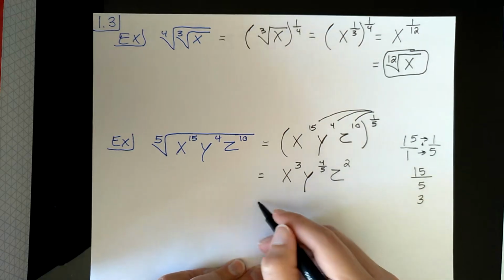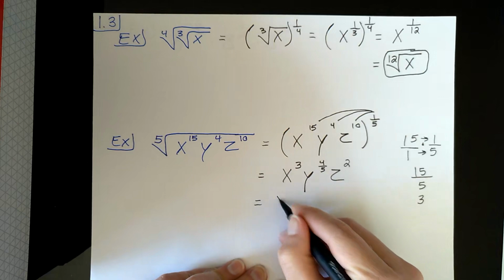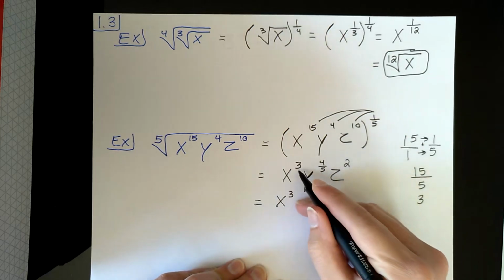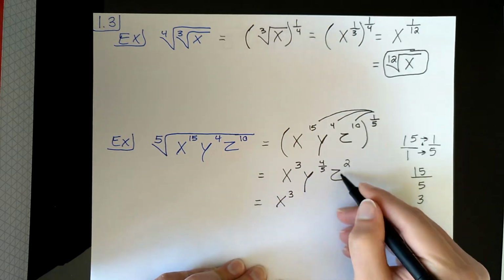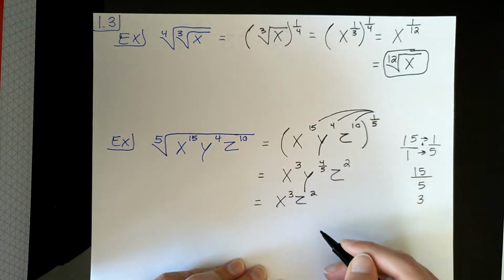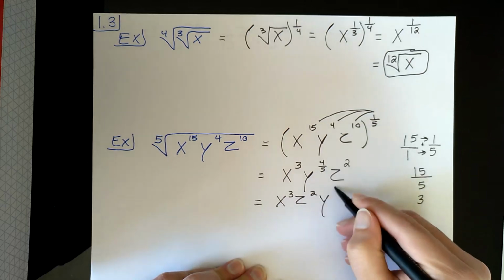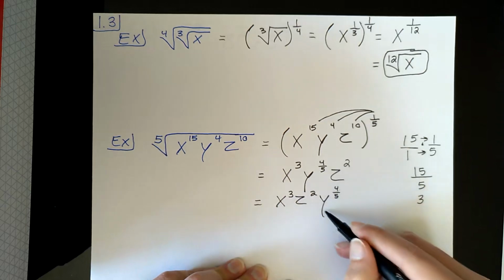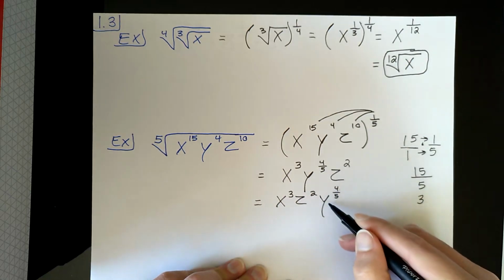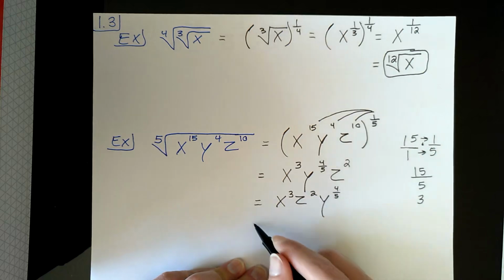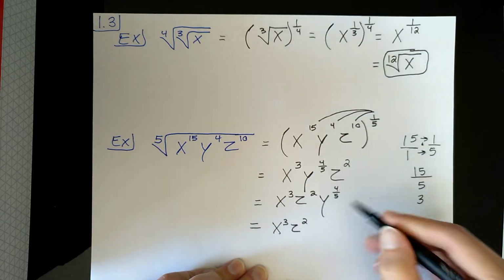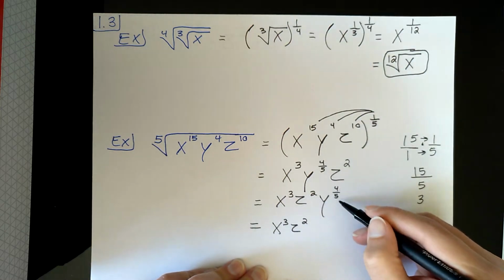So I'm going to rewrite this first, just to make it look a little nicer, by rewriting the non-rational exponents in front. So x cubed and z squared are now in front, and y to the 4/5 is now in the back, because this is going to go back inside of the radical. So we get x cubed, z squared, and then y to the 4/5.